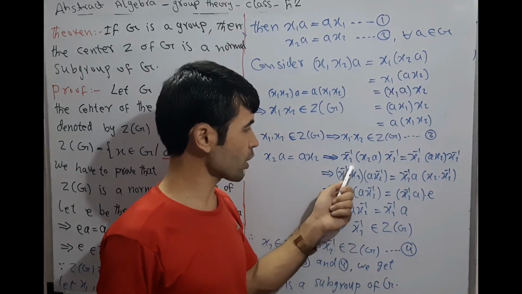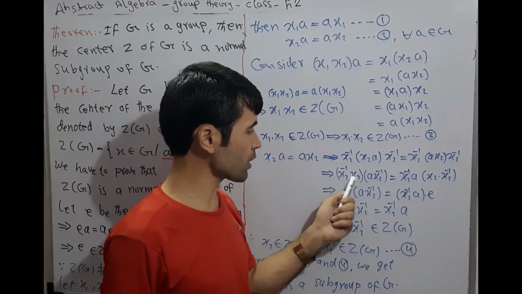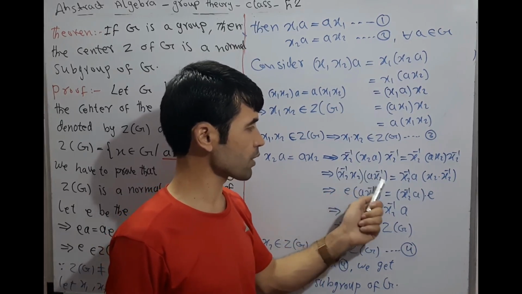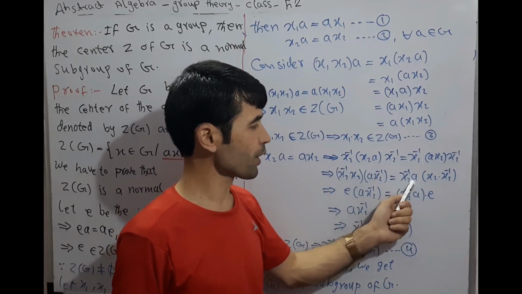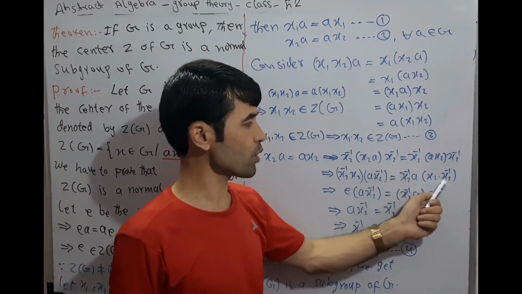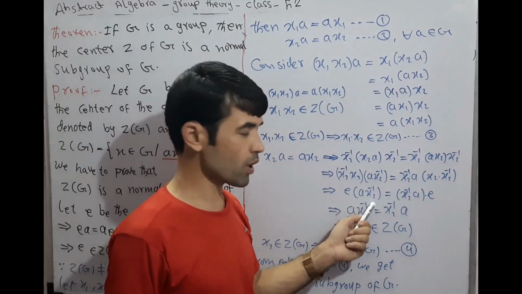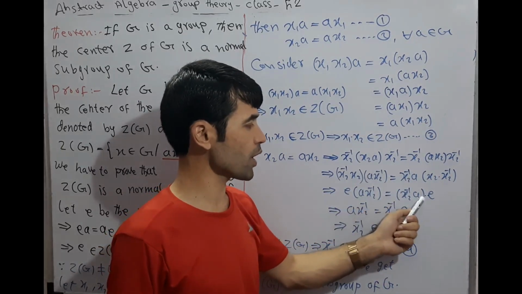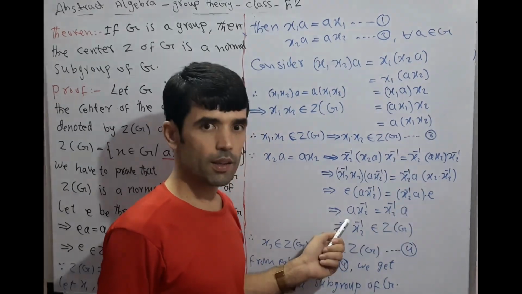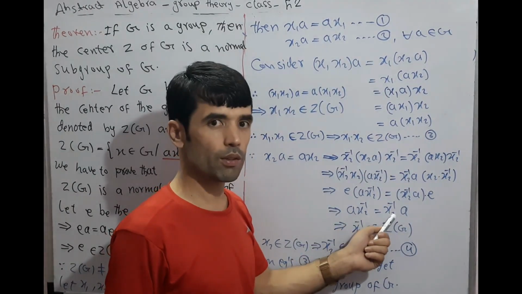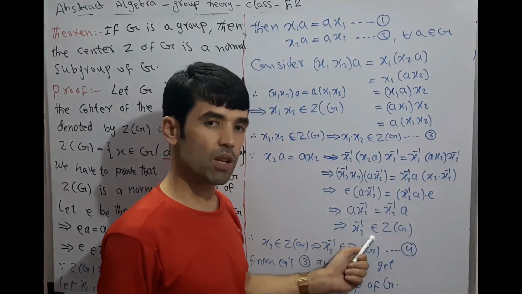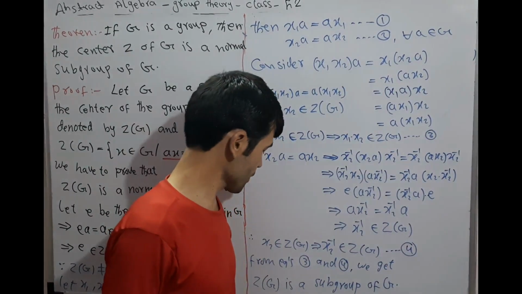By using associative law, we can write this as e into a into x2 inverse equals x2 inverse into a into e. This implies a x2 inverse equals x2 inverse a. This implies x2 inverse belongs to Z(G).